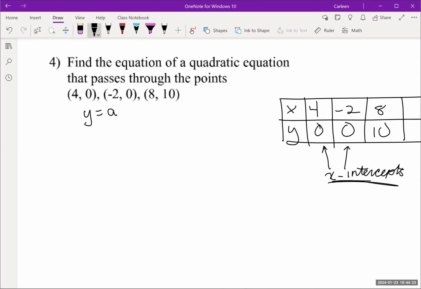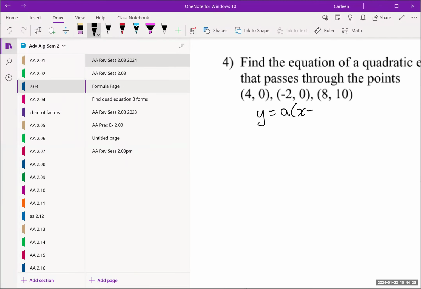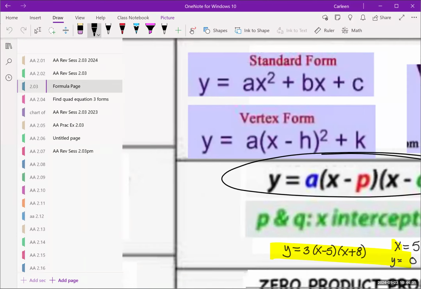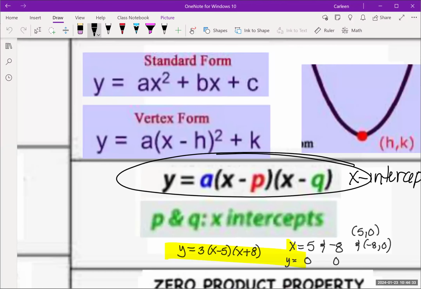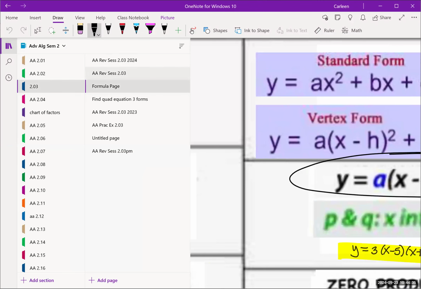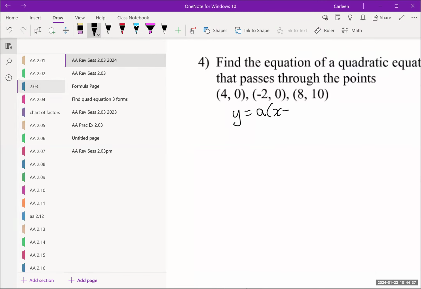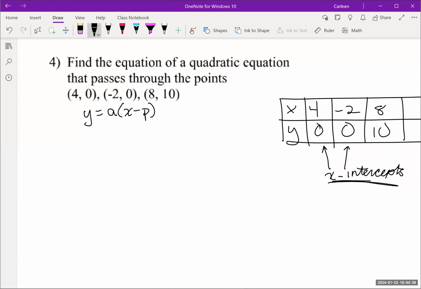So we have y equals a times (x minus, now it's on this formula sheet. What do we call them? We call them P and Q. Okay, that's not super common, but that's okay. We'll talk about that later.) (x minus p)(x minus q), where p and q are the x-intercepts.